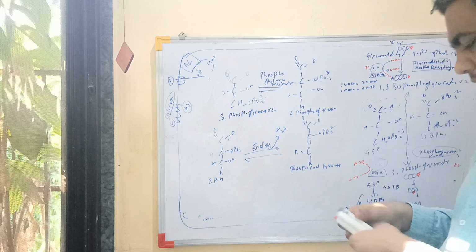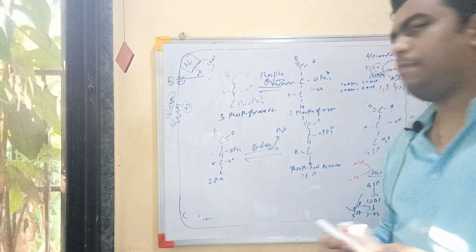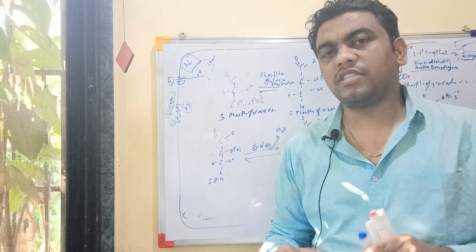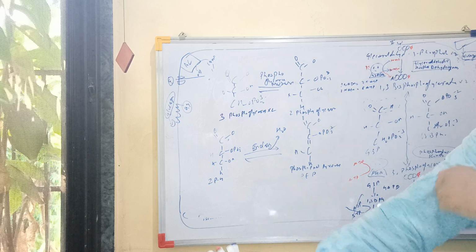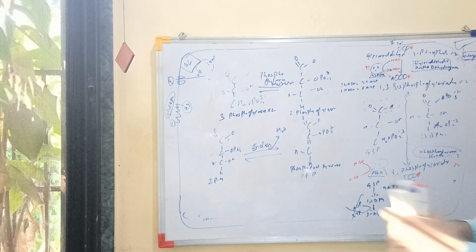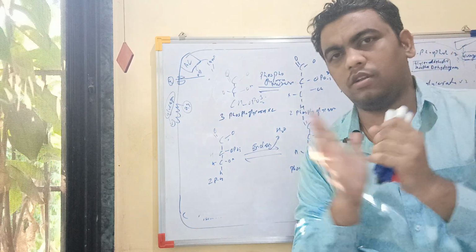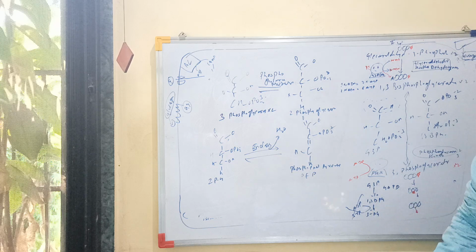This PEP, what do we fondly call it? Phosphoenol pyruvate. Phosphoenol pyruvate is one of the most energy rich molecules in whole biochemistry because it has the most energy rich bond over here, that is enol phosphate. There are two main energy rich molecules in the whole glycolysis: one is 1,3-bisphosphoglycerate and the other is phosphoenol pyruvate.